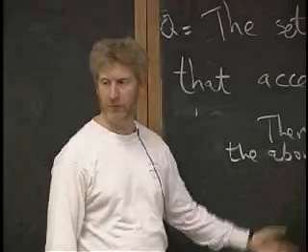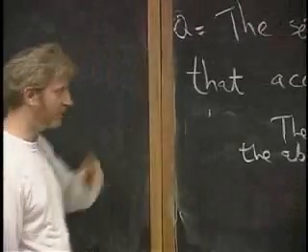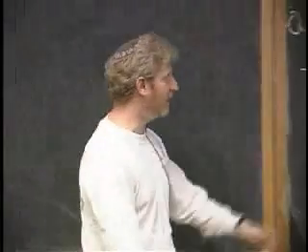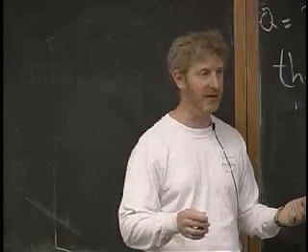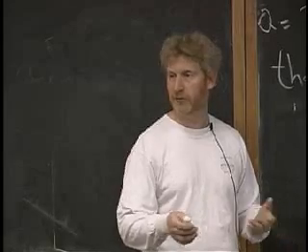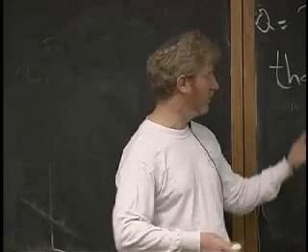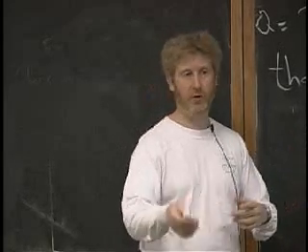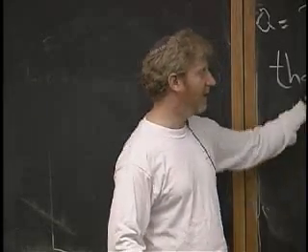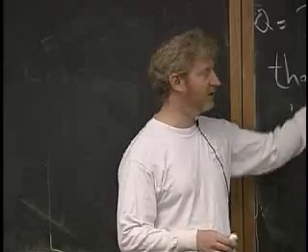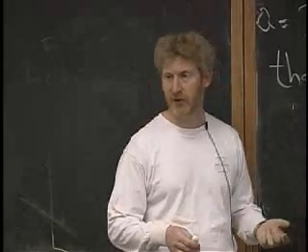If there's a machine that decides the things that accept themselves, then there's a machine that decides the things that don't accept themselves. This machine will say yes or no. So if it says no, then we can change the no to a yes and a yes to a no. So if there's a machine that decides the above, then the machine can tell us whether one of these things accepts itself or doesn't accept itself.